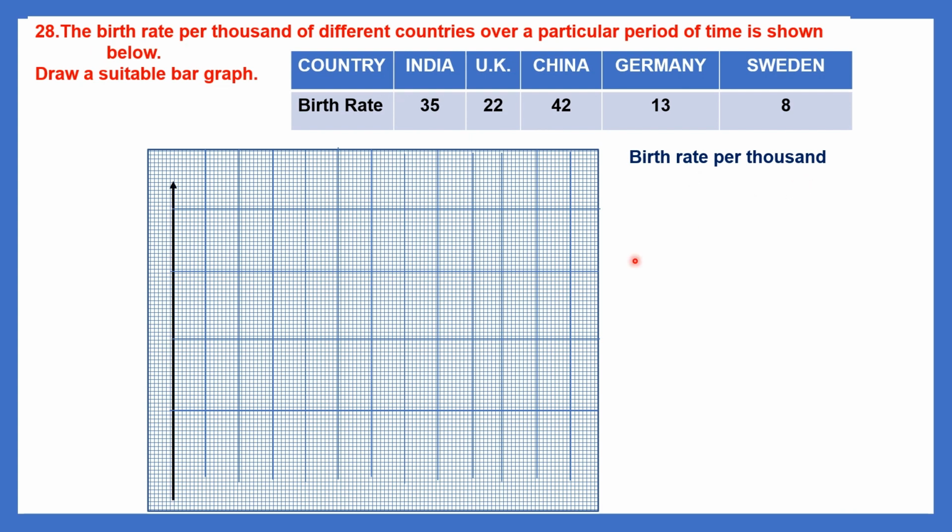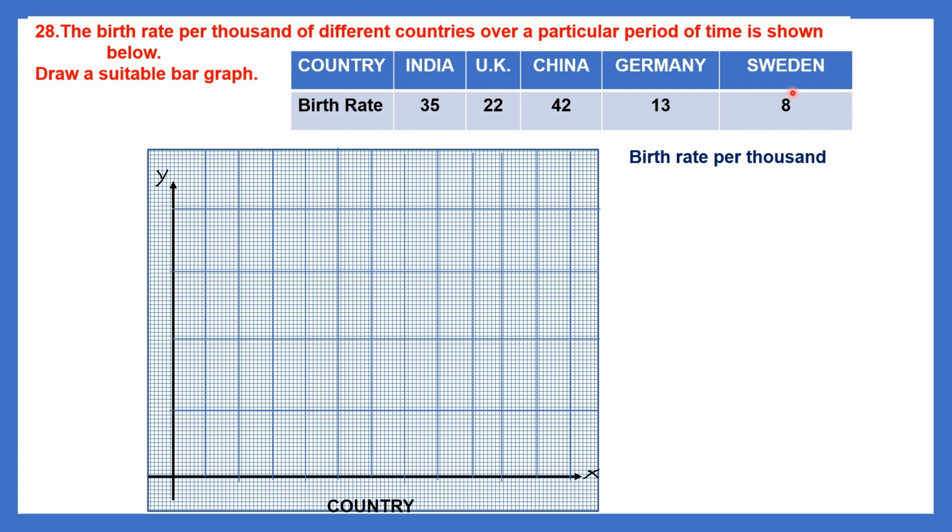Next we have to draw the y-axis and the x-axis. This is the y-axis, the vertical one, and the horizontal one is the x-axis. Now, what are we going to show on the x-axis and on the y-axis? What we have in the first row is what we usually show on the x-axis.